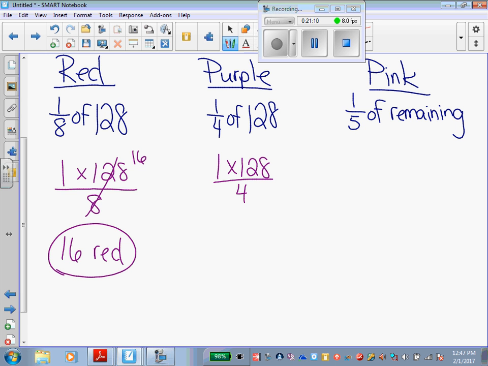If we are dividing 128 by half of 8, then what is 128 divided by 4? That's kind of what Rose was saying. She was like, well, all you have to do is double the red. And she's right. But we still need to be able to look at it as a fraction like we're solving it. So then 128 divided by 4 is 32. So there are 32 purple flowers.